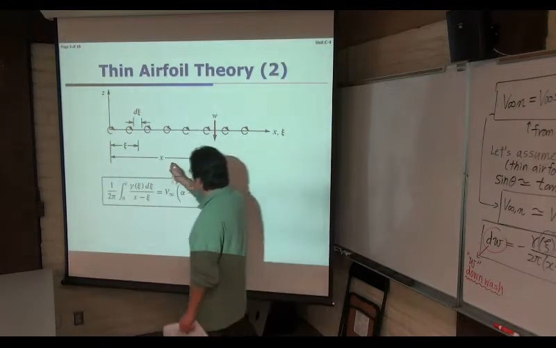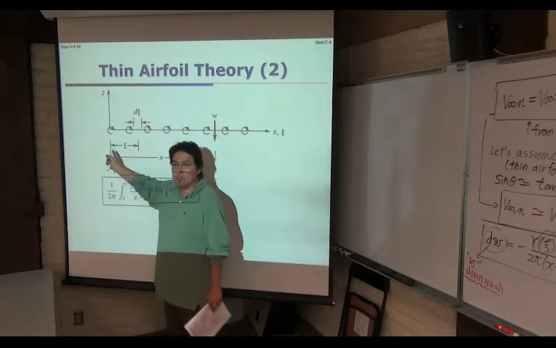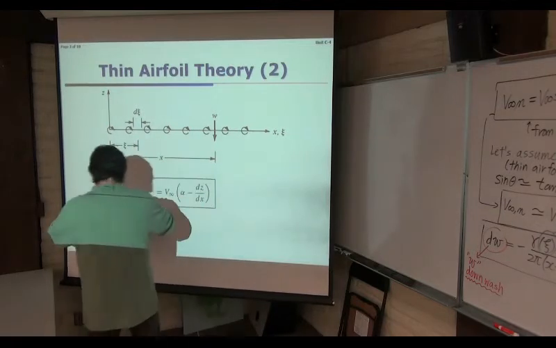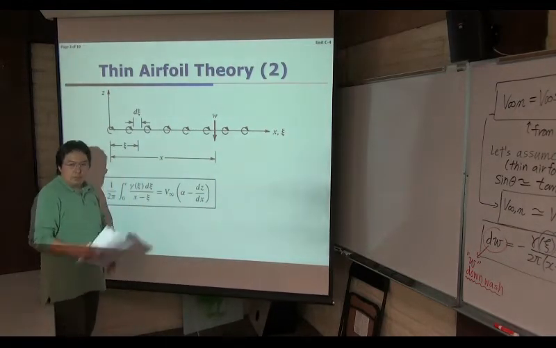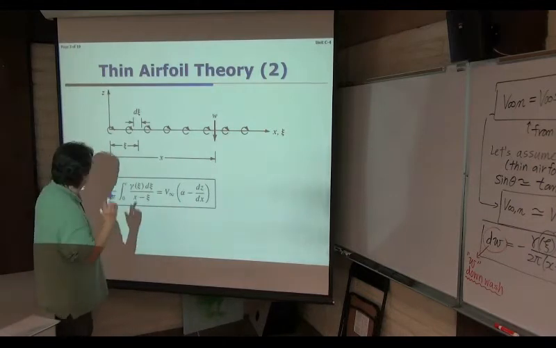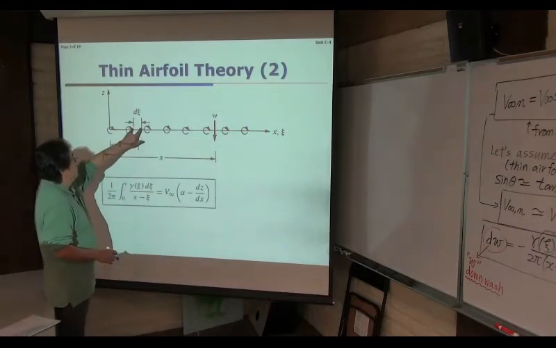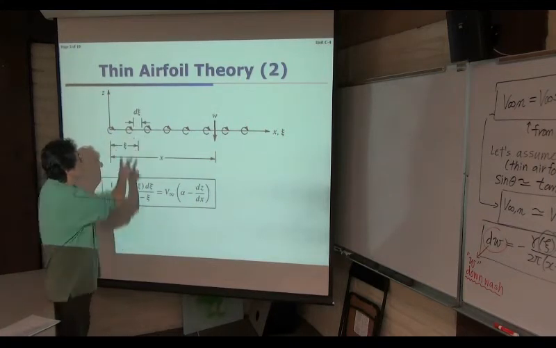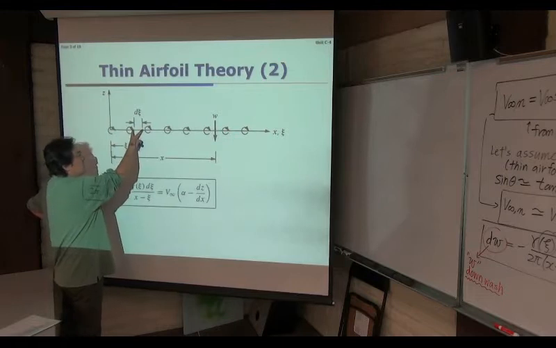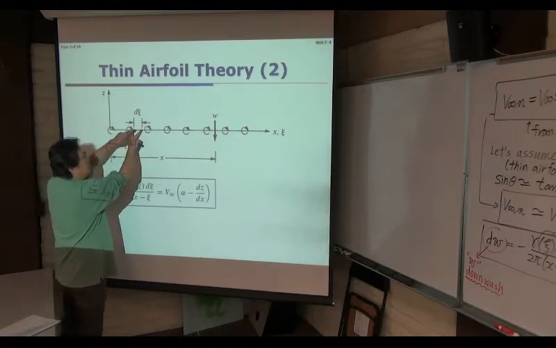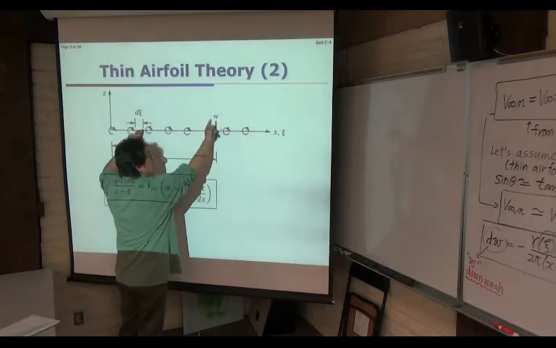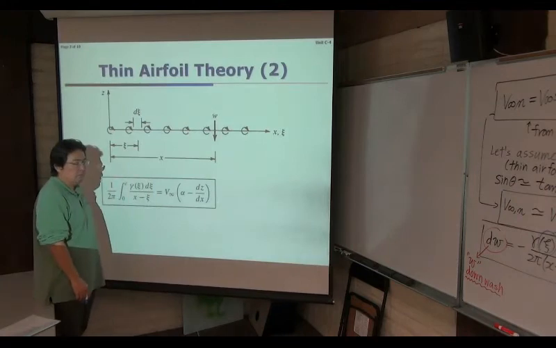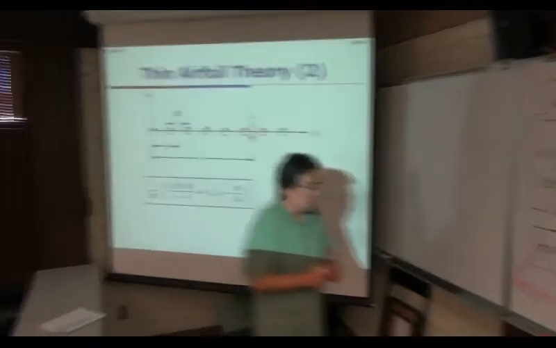Why do we use x and ξ? By the way, ξ is the lowercase Greek letter xi. We need two different definitions of the location. That's why. So ξ is the location of the differential panel, which is dξ. So this much length of the panel generates the downwash of w at the location of x. So let's go back.